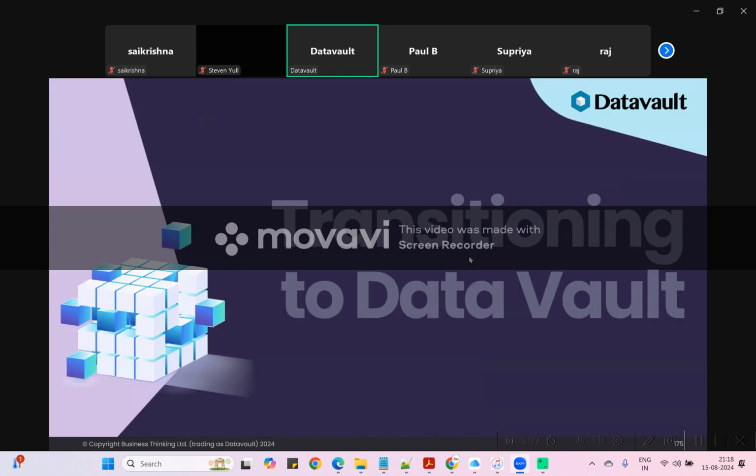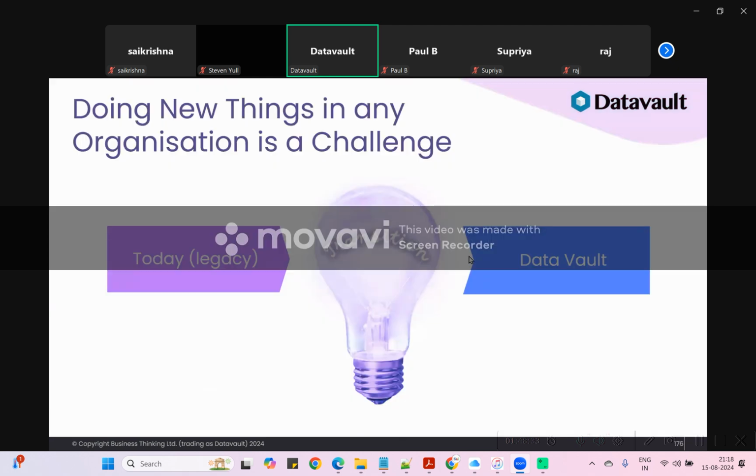Right, so I like Data Vault. How do I implement it in my organization? Well, the thing about it is we have a challenge. We have today a legacy architecture, a legacy warehouse running. We have to get to the future, which is a Data Vault in place.